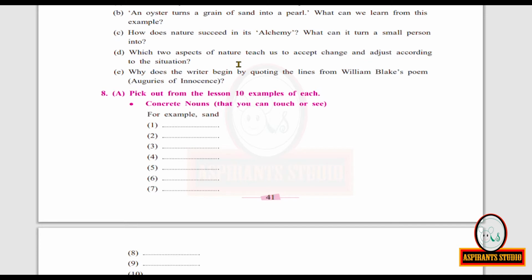Which two aspects of nature teach us to accept change and adjust according to the situation? Answer. Water changes its form, according to the dictates of the sun and the wind.